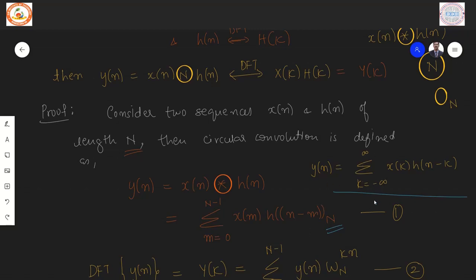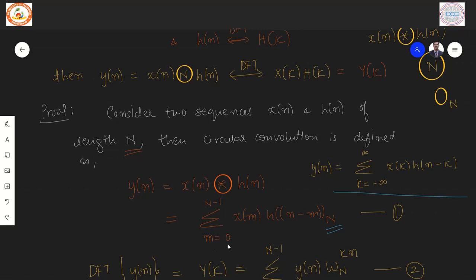First thing we see is the limits. It doesn't matter what you call the index, it may be m or k, because it's an intermediate value, a dummy variable. It's not a part of the final answer because the final answer is a variable of n. So you can call it any way you want. Here the limits are between minus infinity to plus infinity, indicating that you can shift anywhere you like, to the extreme right or the extreme left.